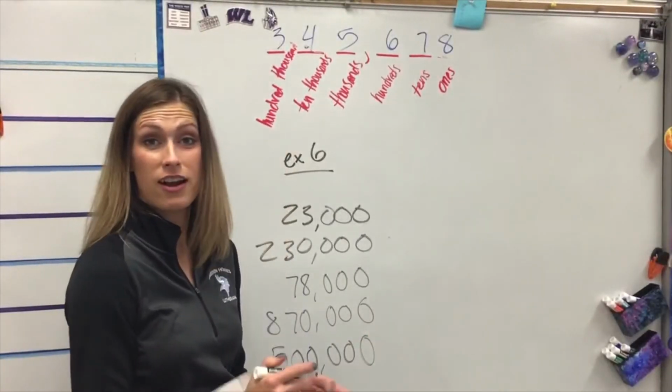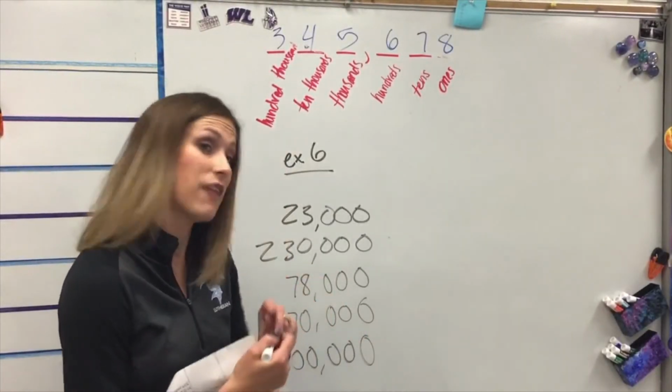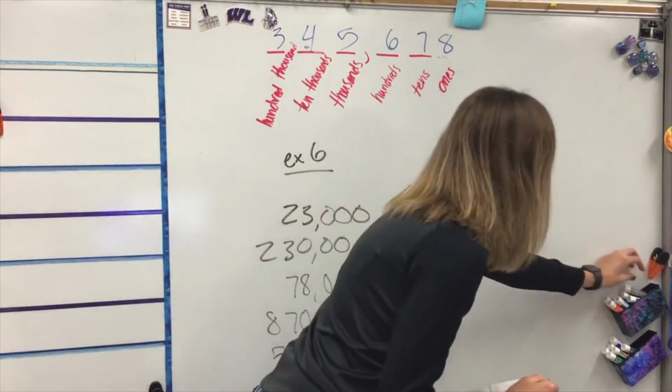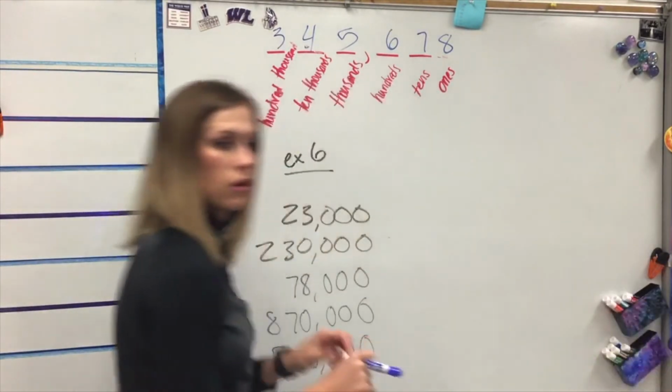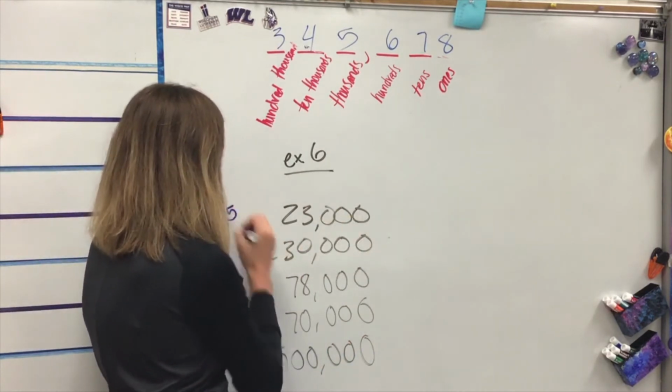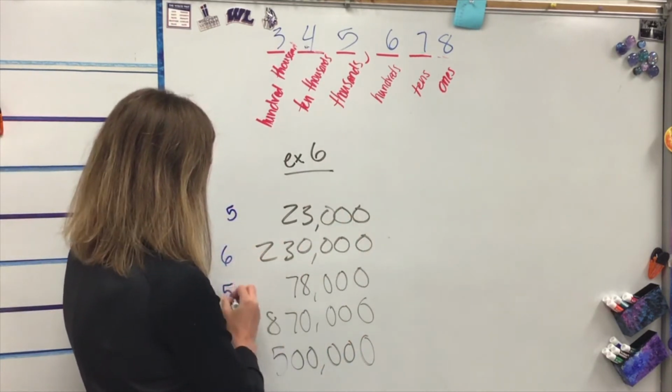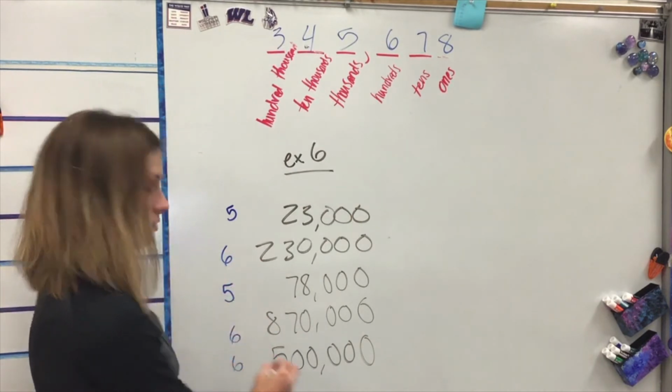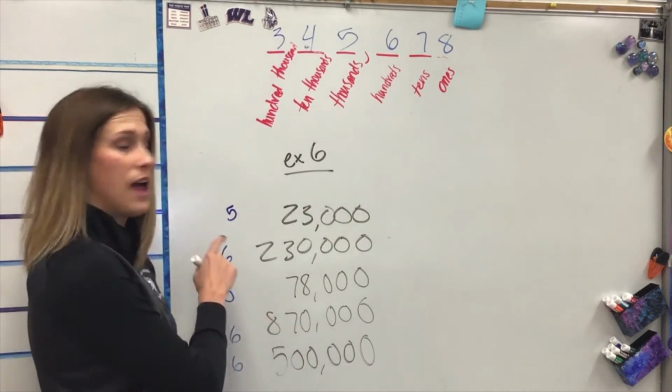All right, hopefully you counted up those digits and saw that some of them have 5 digits and some of them have 6 digits. So for example, this number right here, 1, 2, 3, 4, 5, it's got 5 digits. This one's got 6. So we gotta look at our ones with 5 digits first.